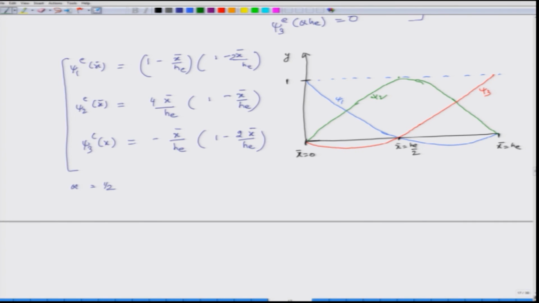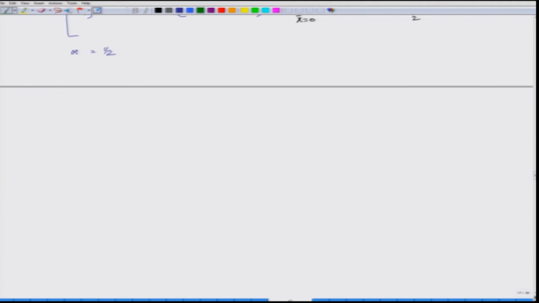Once again you see that these shape functions have a value of unity at specific nodes, and at other nodes they are 0. So, very quickly we will cover these properties.